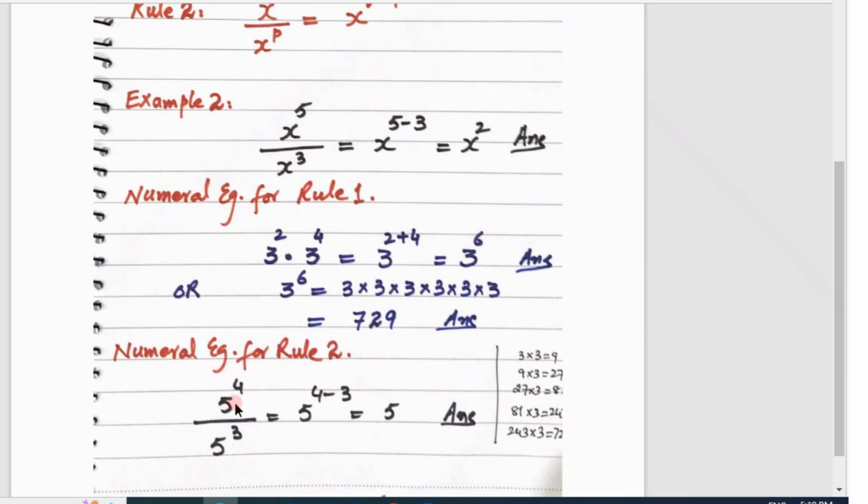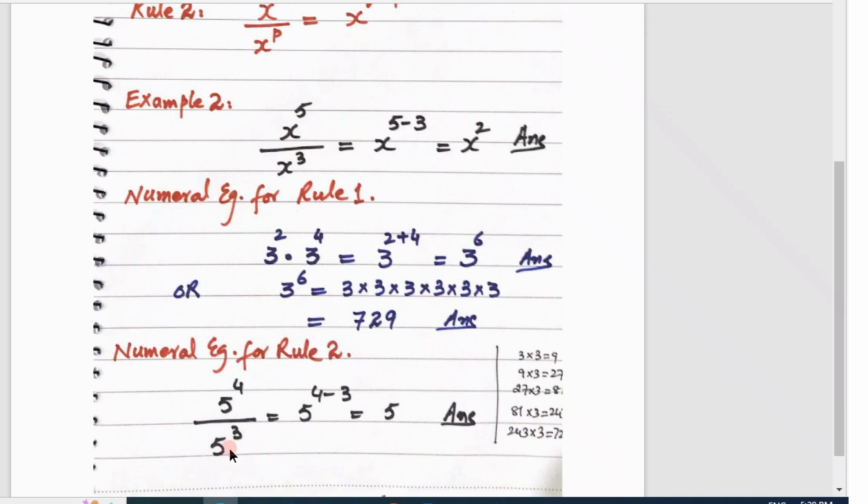Numeral example for rule 2. Similarly, 5 raised to power 4 divided by 5 raised to power 3. Lower power will be subtracted from upper power because we are bringing 5 raised to power 3 upward, and it looks better. Always try to bring the lower power upward, because if you take the upper power down, the answer will be negative, and that will be in fractional form, which is not a suitable answer.